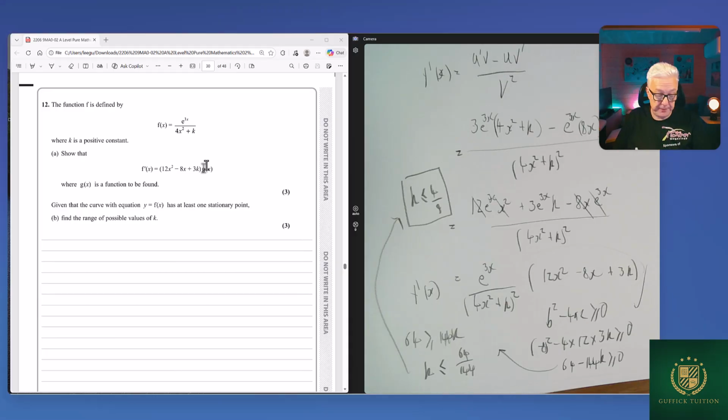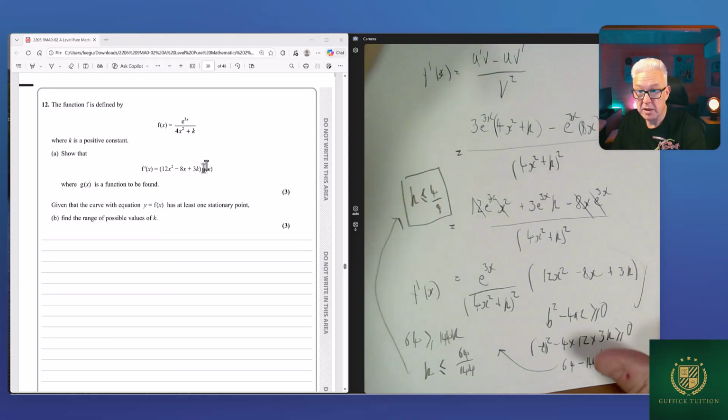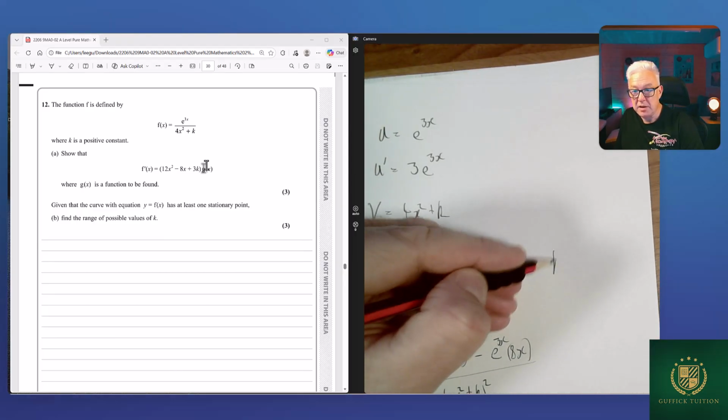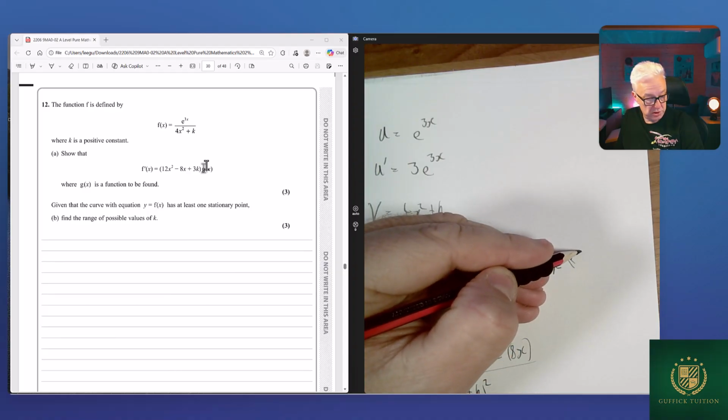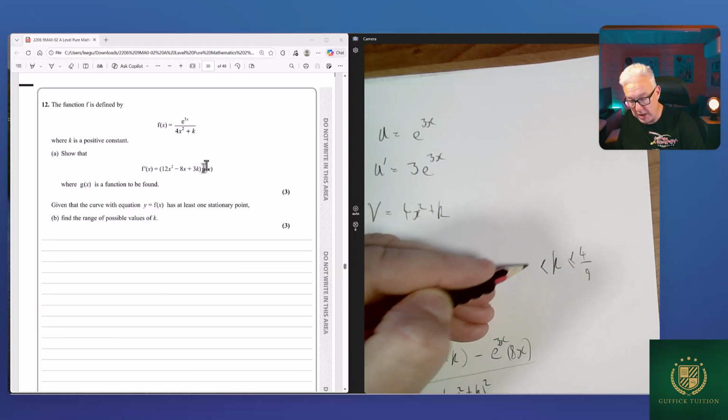Now, let's think about this. k has to be less than that, because that came from saying the discriminant was greater than or equal to 0. But the range of values of k is that k has to be greater than 0 as well. So our full range of values is that k is less than or equal to 4/9, but greater than 0.